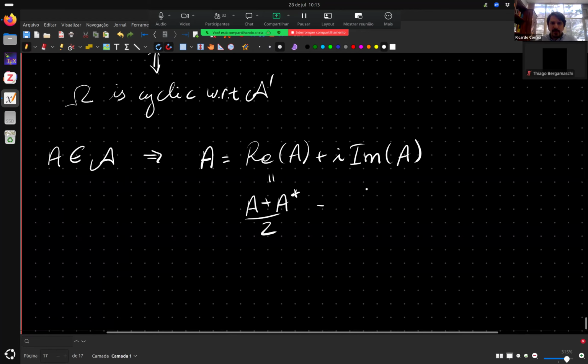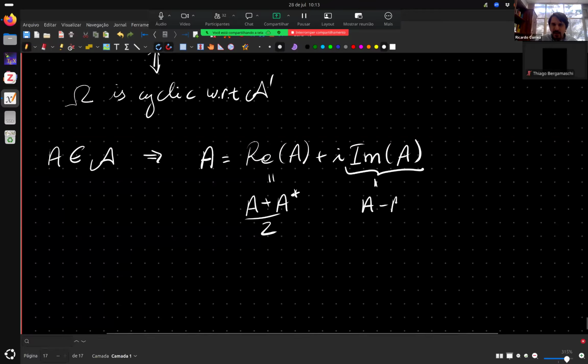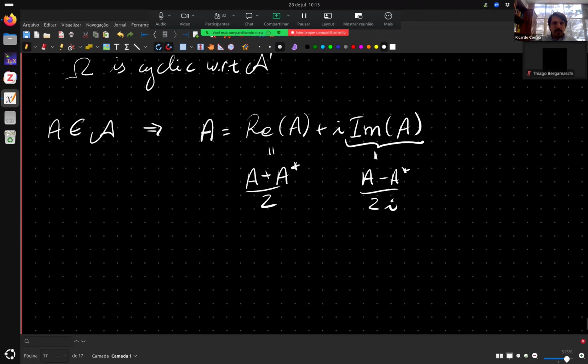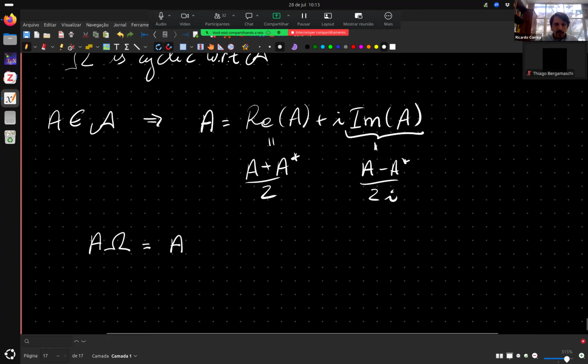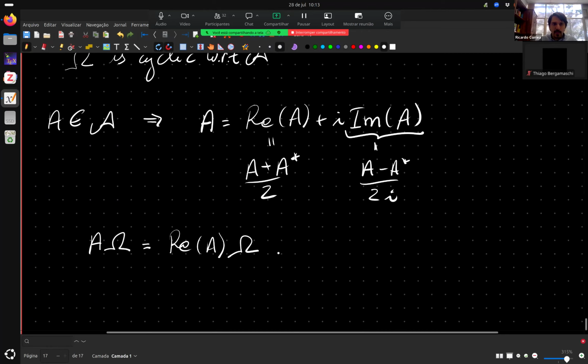And the imaginary part, just to make it clear that the i is out, is (A minus A star) over 2i. Okay, then what I learned is the following. Since my vacuum is cyclic for my algebra, I can also say that A omega is equal to the real part of A omega plus i times the imaginary part of A omega.